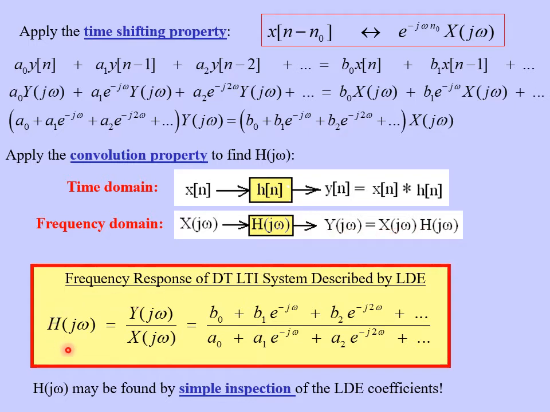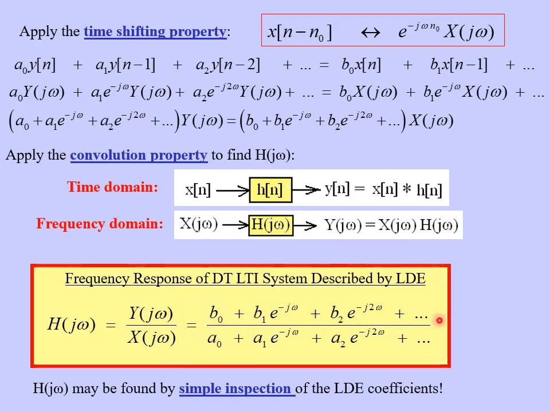So here is our frequency response. The frequency response of the system is the Fourier transform of y divided by the Fourier transform of x. And by using this expression up here, if we divide both sides by x, so we get y over x over here, and then we divide both sides by all the a coefficients, we end up with this relationship right here.